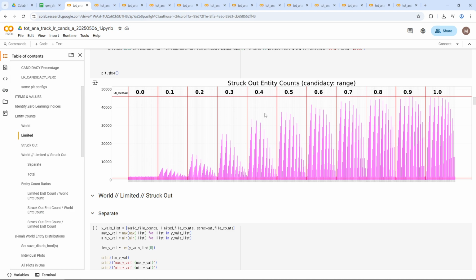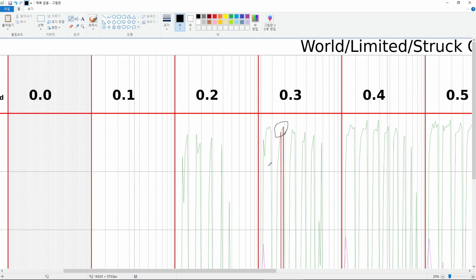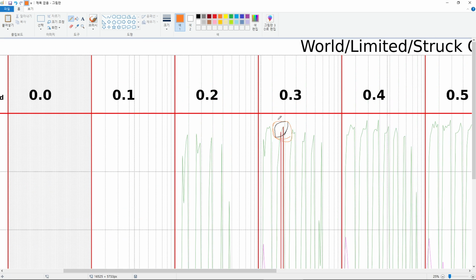If there are a lot fewer entities in the limited group, but about the same number of entities that have a positive slope, then the positive slope ratio is going to be inflated, just like this. So this is where the inflation happens, and this is where the deflation happens, because now there are more struck out entities, and here there are a lot fewer limited entities.